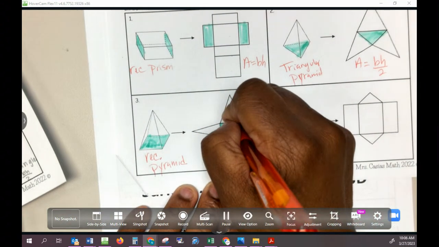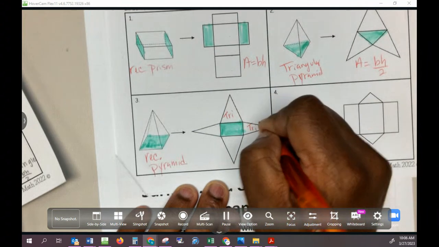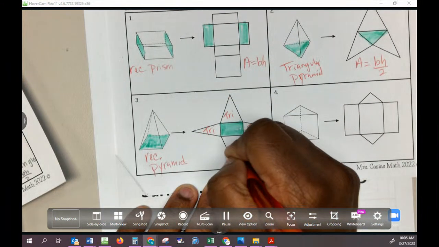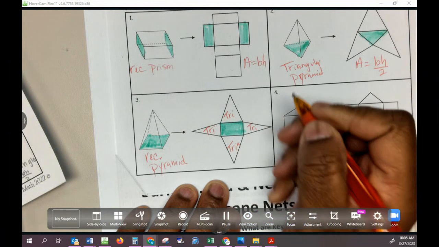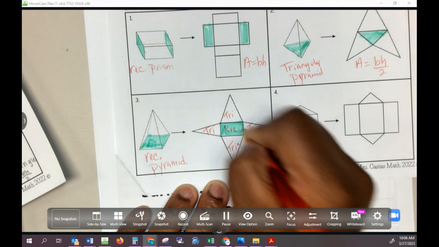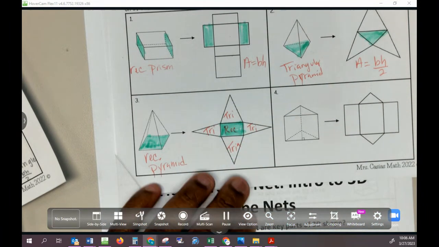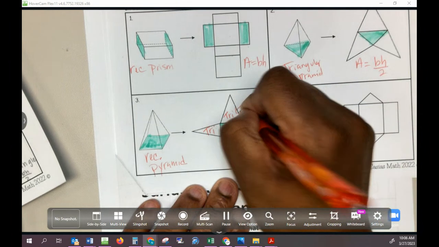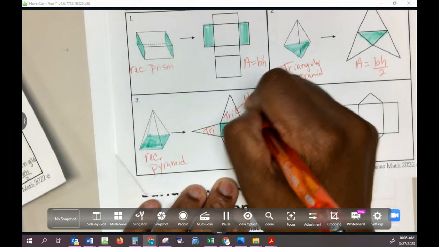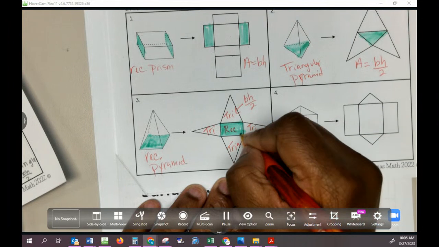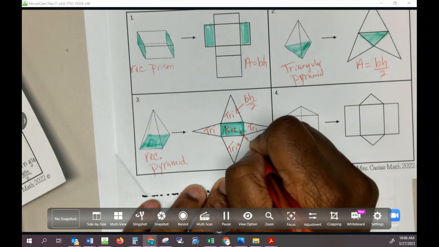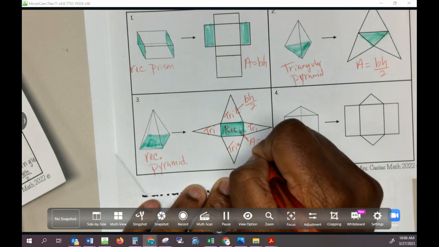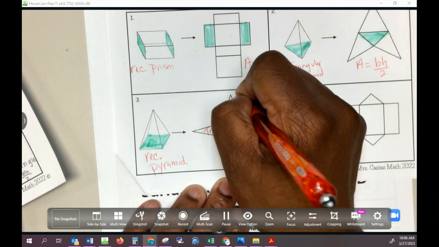Because this shape has a triangle, triangle, triangle, triangle, and then a rectangle, I know for my triangles I will use base times height divided by 2. And for my rectangle, I will use area equals base times height.